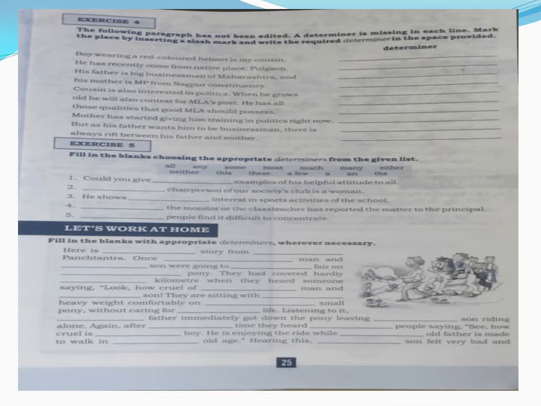Okay, see the next line. He has recently come from native place Pulgaon. Okay, so here the concept is not clear. So he has recently come from his native place. Okay, यहाँ पे हम possessive determiner use करेंगे, HIS, his native place. Okay, got my point? So आपको from के बाद slash लगाना है और determiner कौन सा use करना है, his.